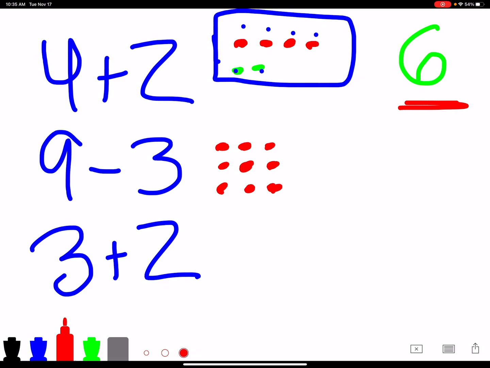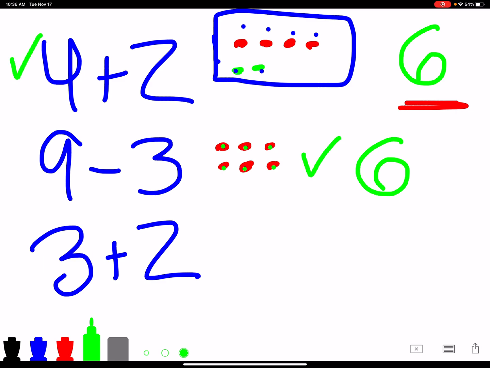Since we have the subtraction sign, we know that means take away. So we're going to erase 3 of the dots: 1, 2, 3. Let's figure out how many dots we have left now: 1, 2, 3, 4, 5, and 6. So this equation matches up. I'm going to put check marks on the ones that have 6, and that one matches up.